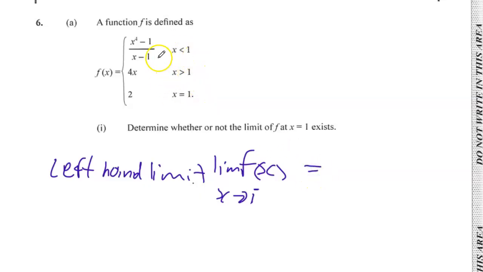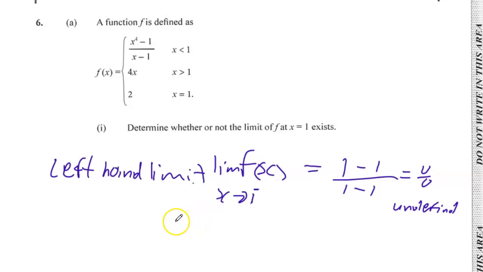So we go 1 to the power of 4, which is 1 minus 1, upon 1 minus 1, which is undefined. Which means we have to use factorization now and evaluate.